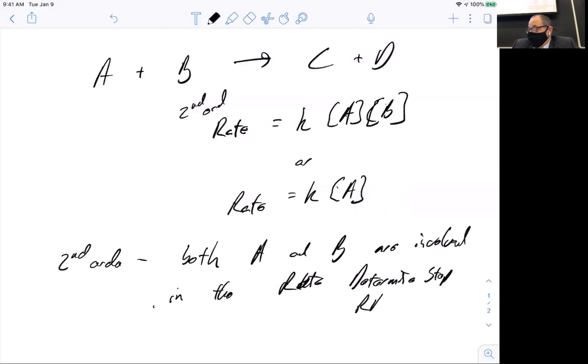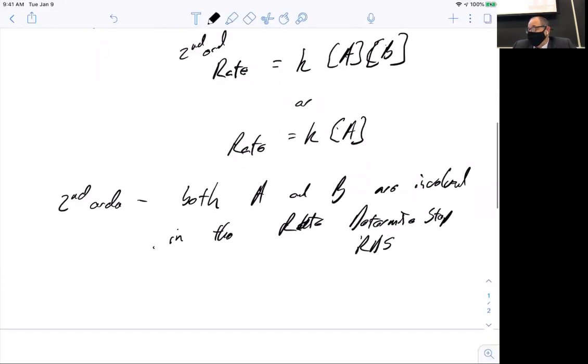Right, the RDS. So if I do an experiment and I find out that both the concentration of A and the concentration of B will impact the rate of that reaction, then I know that in the slowest possible step of the mechanism, both A and B are involved.